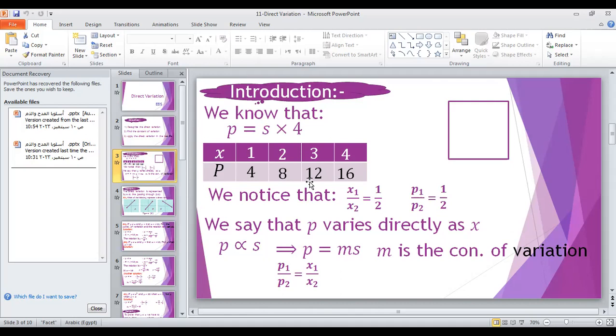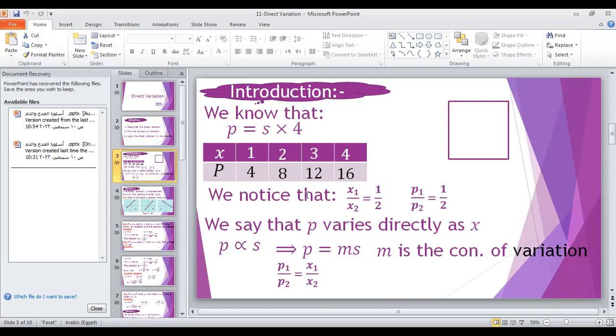We notice that from this table, if I want to find the ratio between x1 and x2, x1 divided by x2, it will be 1 over 2. If I want to find the ratio between b1 and b2, it will be 4 divided by 8, which equals 1 over 2 also.